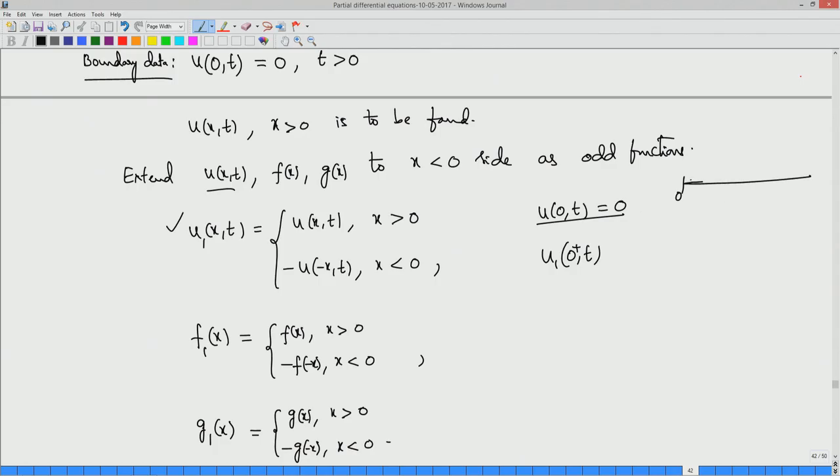So the limit of u(x,t) as x goes to 0 plus is 0, which is the same as u1 at 0, t equal to 0. And if you want u1 to be continuous, this has to be the same as u1 at 0 minus, t. So what is this u1 at 0 minus, t?